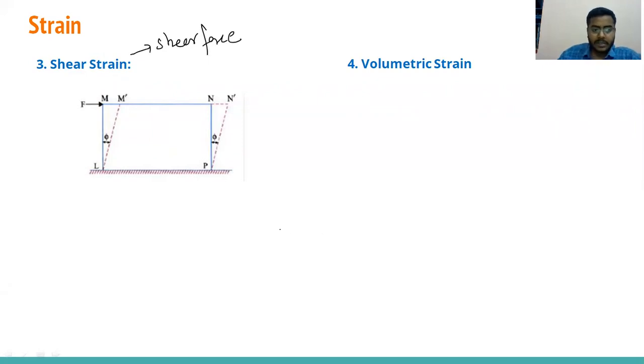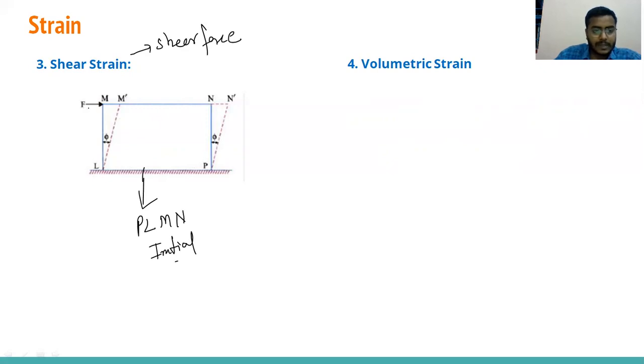Suppose this is a body which is fixed from the bottom, with corners P, L, M, N. Initially P, L, M, N, right? What happens when we apply a force F?